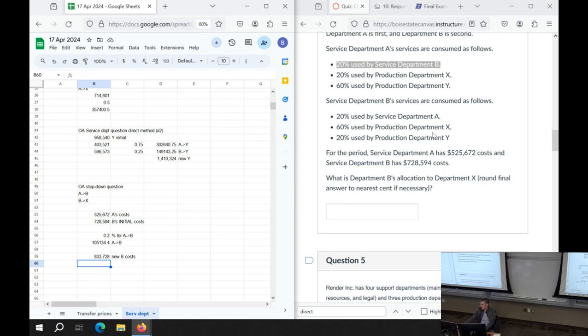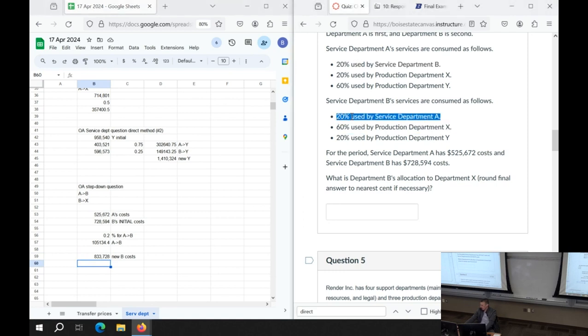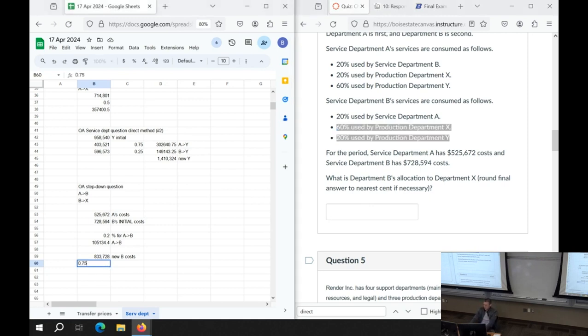So now for B, we're going to act like this didn't happen. None of the service happened because that's an up step. B can't allocate anything to service department A. It's the up step service department, and so we're just going to figure 60% out of this 80% of the work that's left. So that ends up being again 75% because we just did that right here.